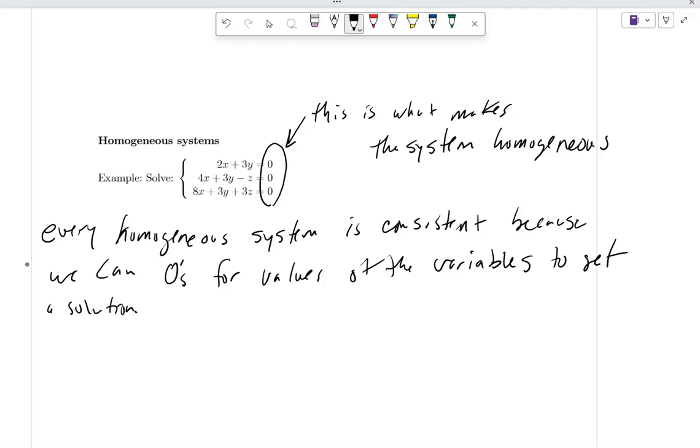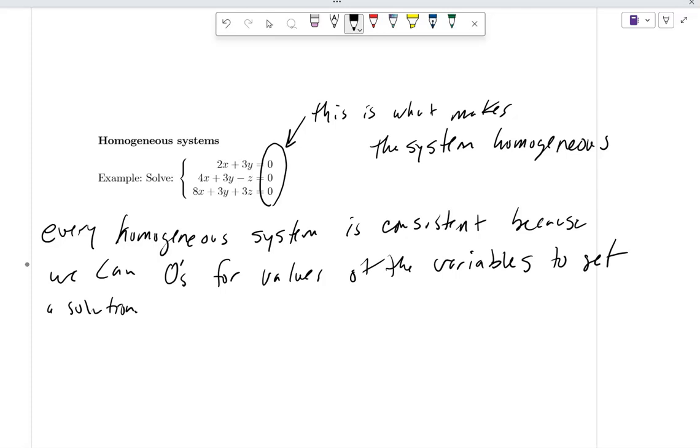So let me just pop back over to GeoGebra real quick rather than going through all the arithmetic to solve this one. And let's see if it has non-trivial solutions or not. And then we'll talk about what that looks like later when we use our calculator to help us out.